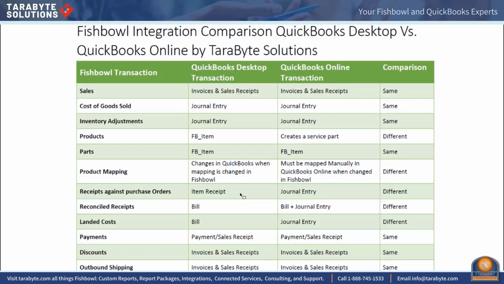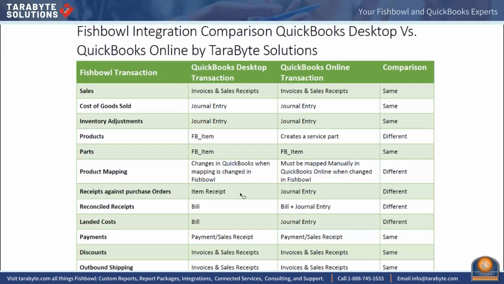So QuickBooks Desktop has a transaction type called an item receipt, and QuickBooks Online does not have a transaction called an item receipt. So with QuickBooks Desktop, Fishbowl sends over an item receipt. With QuickBooks Online, Fishbowl sends over a journal entry when we receive against our PO.